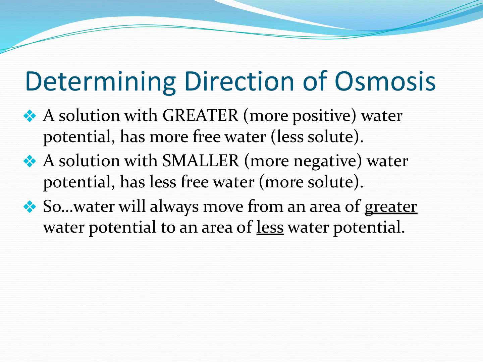The idea of more positive, less negative is important because if you look at the formula, negative iCRT, having that negative symbol in front of the equation means that water potentials are always negative. Here's why. The possible chemical solution that has the most water possible is pure water.